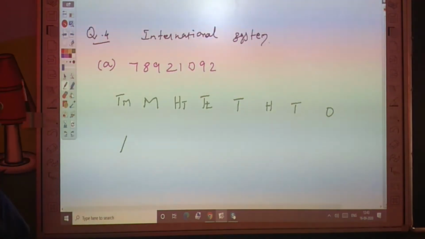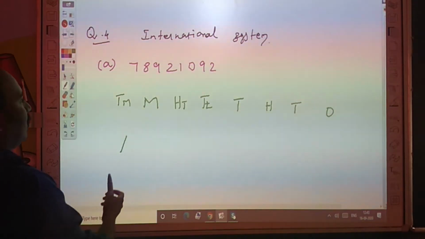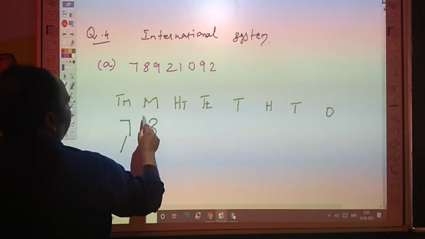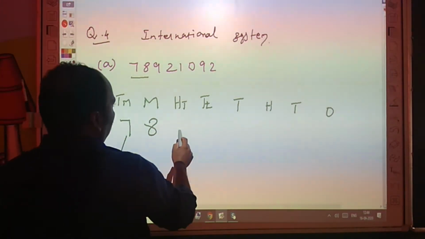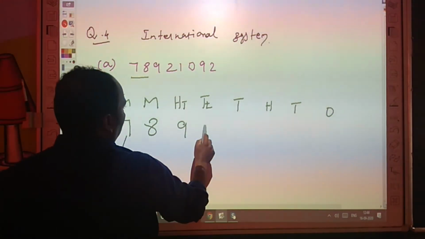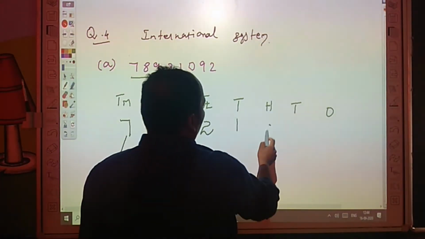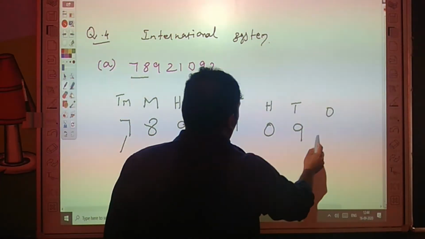Question number 4, the International System. 78 millions, 921,000, then 092.